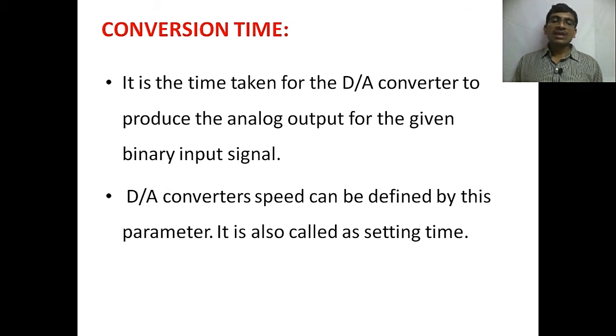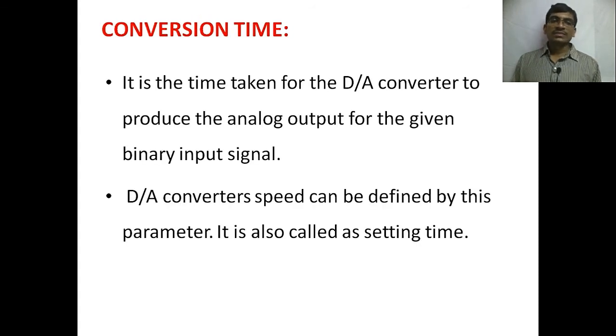The digital to analog converter speed can be defined by this parameter. It is also called the settling time. Both are the same: the conversion time and the settling time are the same.